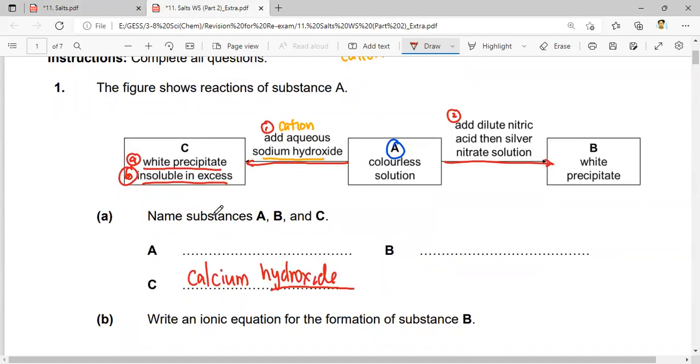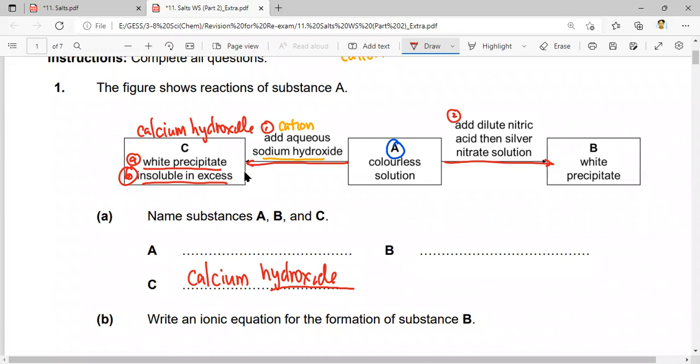So take note. So I know C is calcium hydroxide because of the white precipitate over there. Good job. Now, of course the question is, so what if I know C is calcium hydroxide?